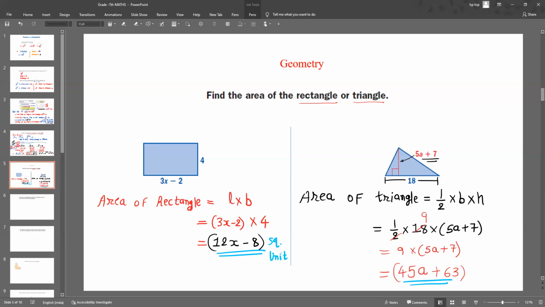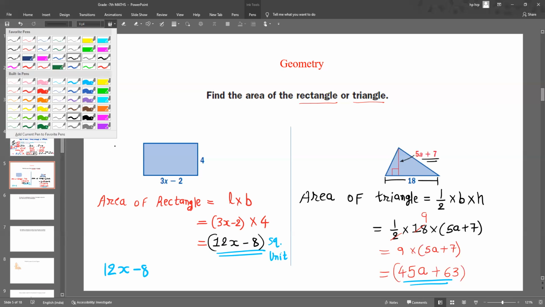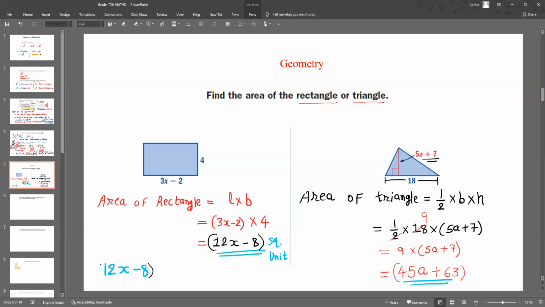Okay, I can explain. Here we have 12x minus 8, and this is known as an algebraic expression, because here x is a variable and variable x can have different values. So this is known as an algebraic expression.